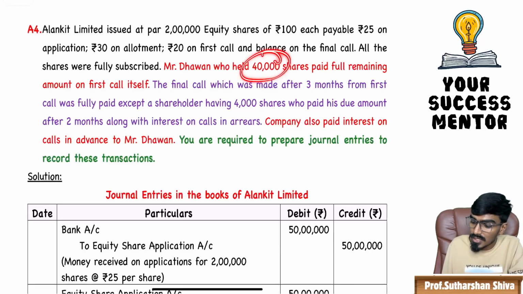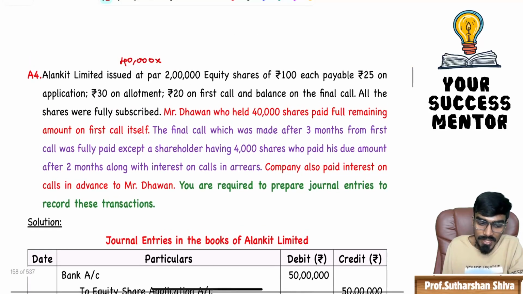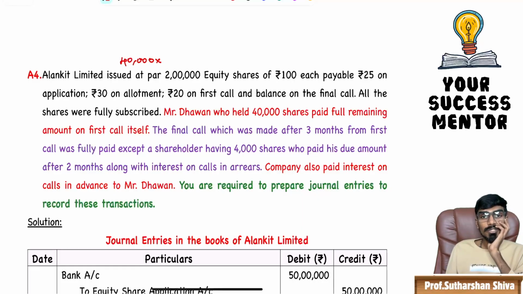Here, 40,000 shares, how much will you be calculating? 40,000 into what is the value, sir? How much are they paying extra? 25 is correctly paid, 30 also he correctly paid, and 20 on the first call.